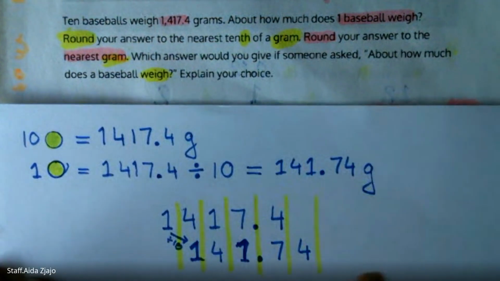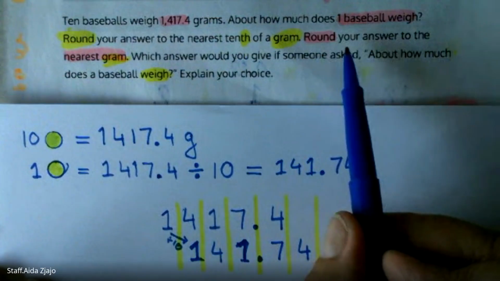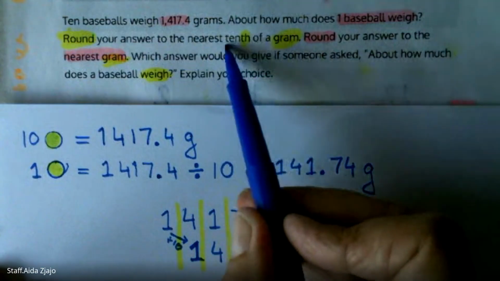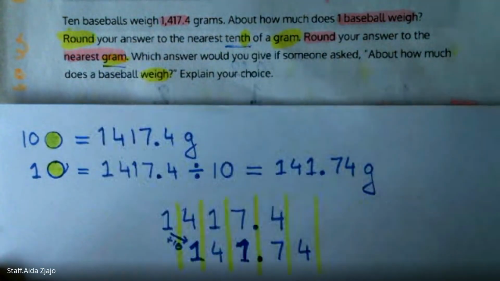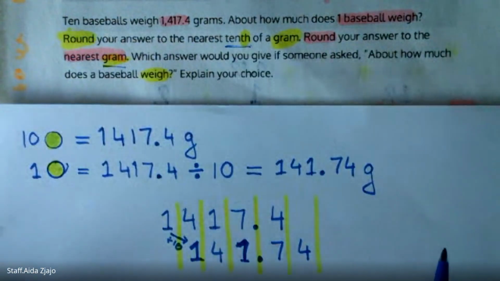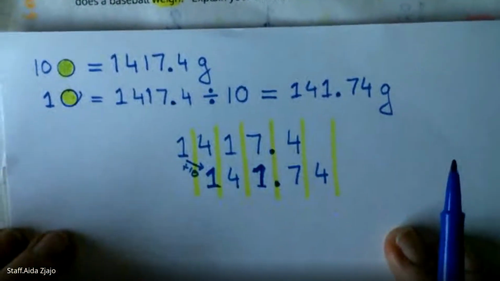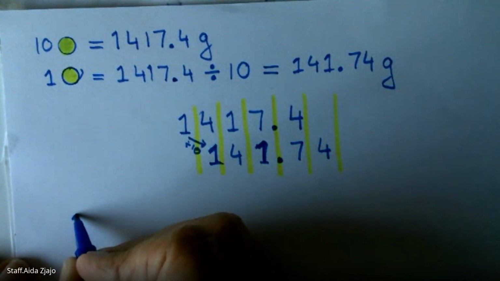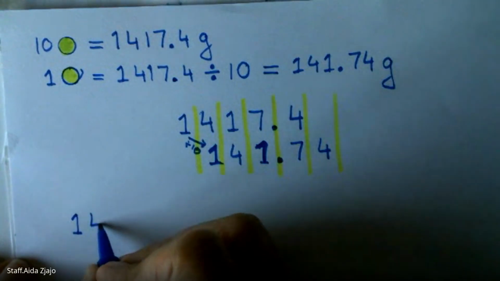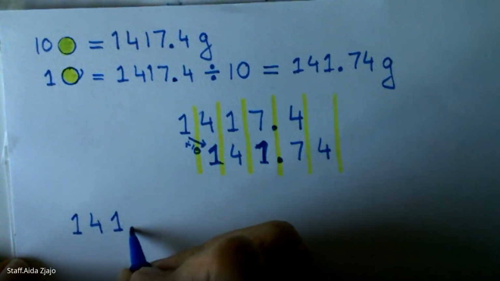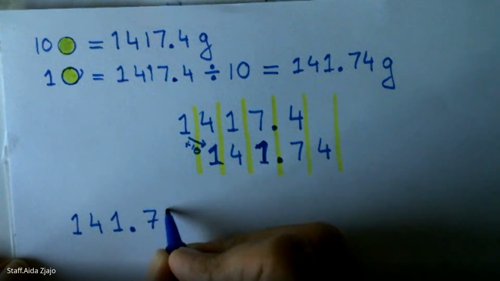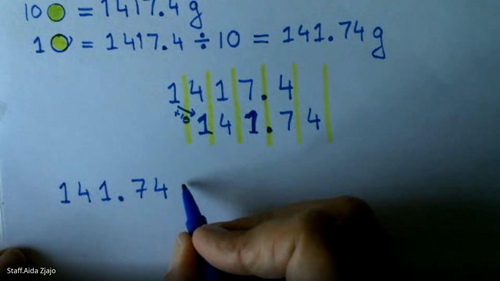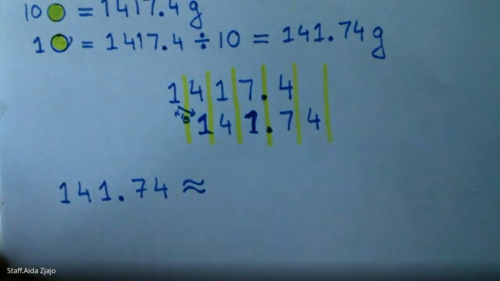But then they ask to round to the nearest tenth of a gram and the nearest one of a gram. So let's see what that means. If I know this ball is 141.74 grams, I'm going to need rounding.